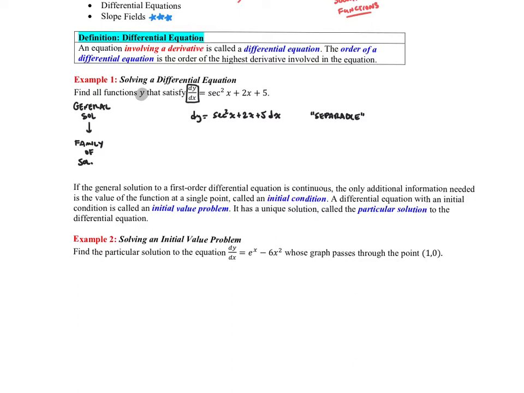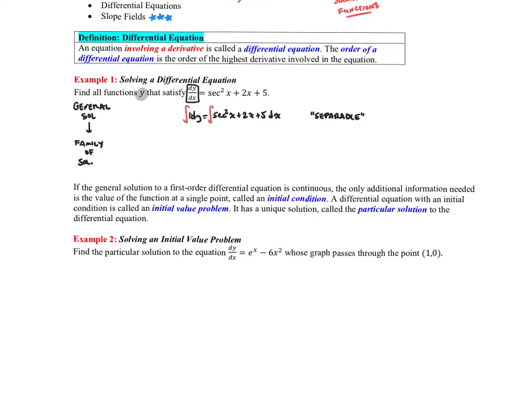Now with any equation, when I integrate both sides, provided I have dy with a function in terms of y on the left and dx and a function in terms of x on the right. Now you might ask yourself, well, what function of y do you have on the left? Well, I have 1. That is a function of y.